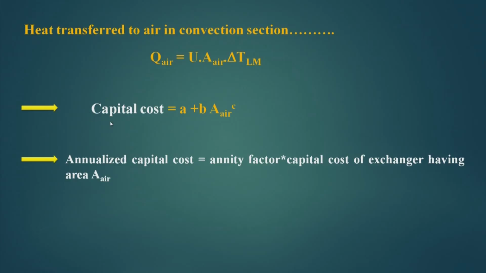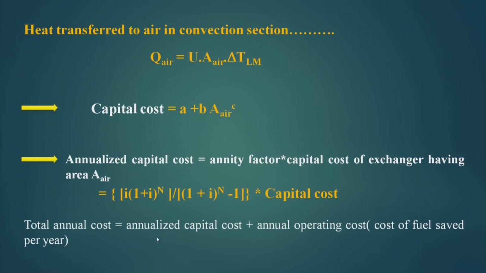So, this is the capital cost. We have to multiply with the annuity factor to find the annualized capital cost, and that annuity factor is this, where N is the lifespan of the heat exchanger and I is the interest rate. Then the total annual cost will be the annualized capital cost, computed from this line, plus the annual operating cost, which is the cost of the fuel saved per year.